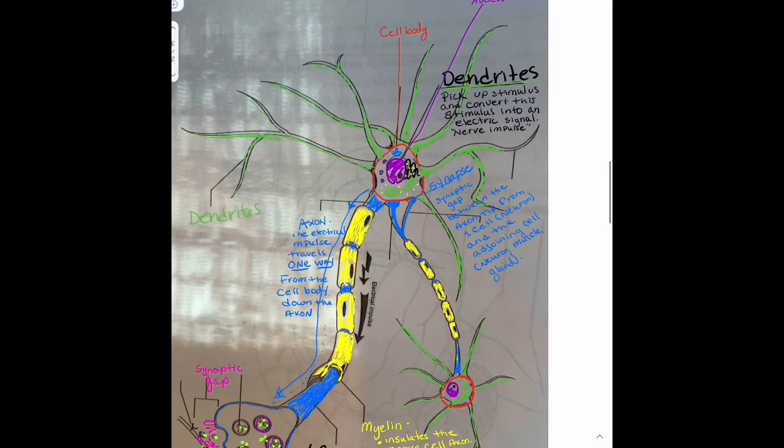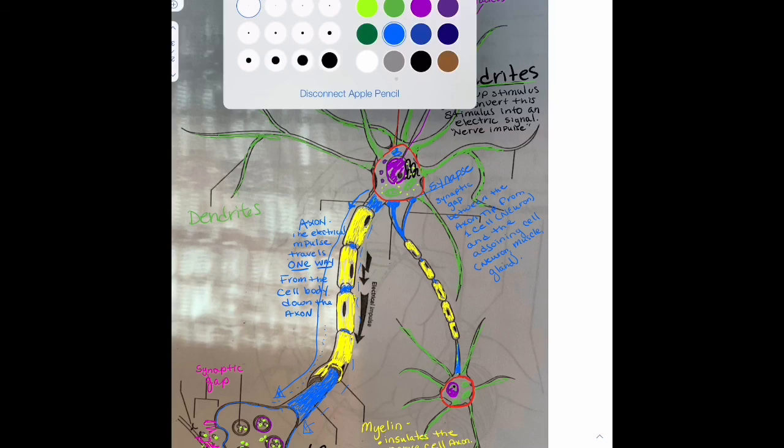The myelin sheaths here help to make sure that electrical impulse stays where it's supposed to be, and it doesn't go in other directions, so it's not going anywhere except down the axon in one direction. It only goes in one direction. And in addition to that, these myelin sheaths help that electrical impulse go super fast. And the way it does that, I'm just going to show you.